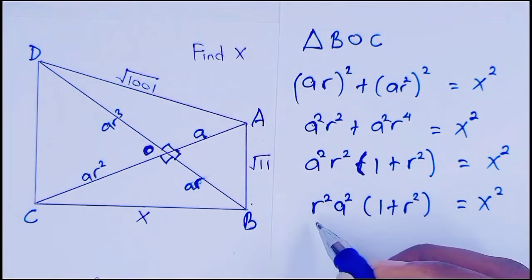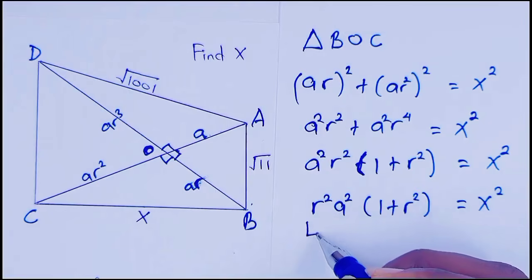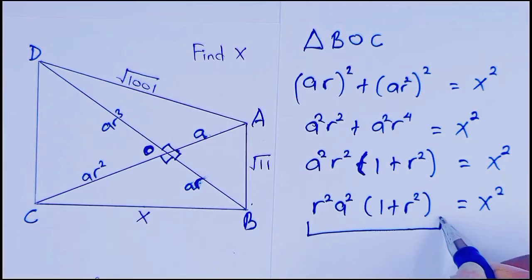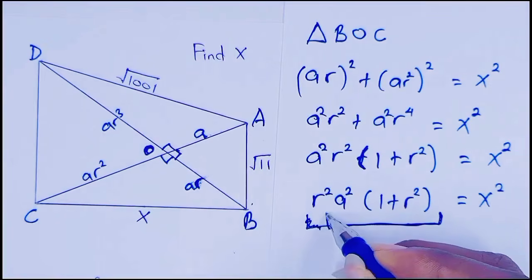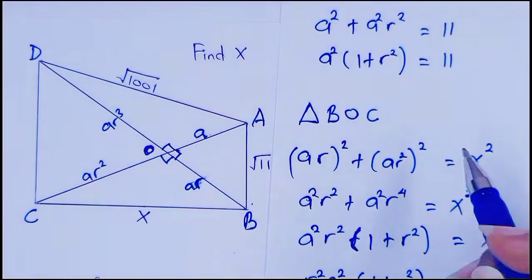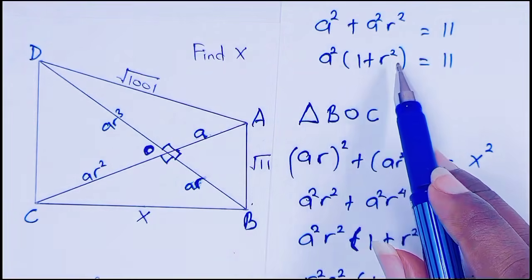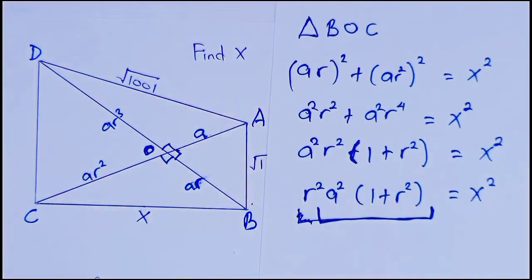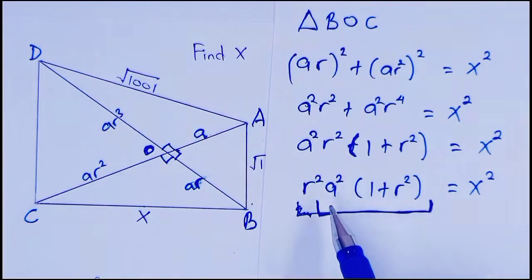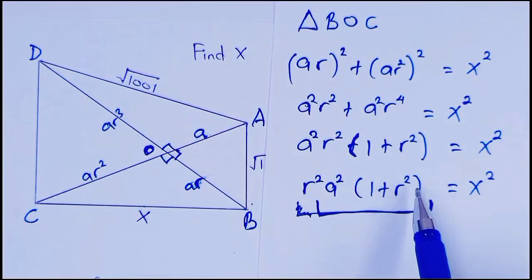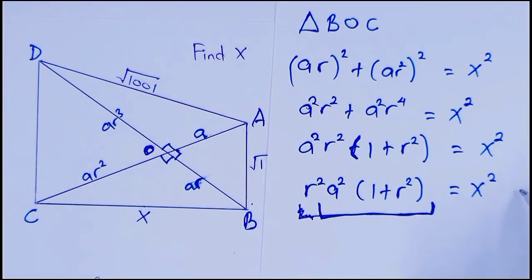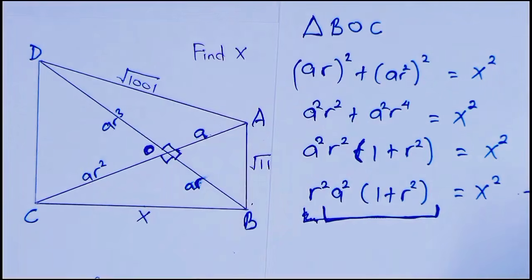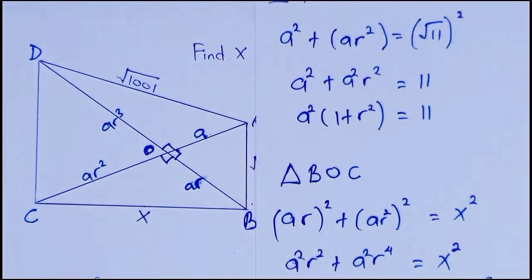So as we can see, from A squared into 1 plus R squared is equal to 11, that is equation 2.